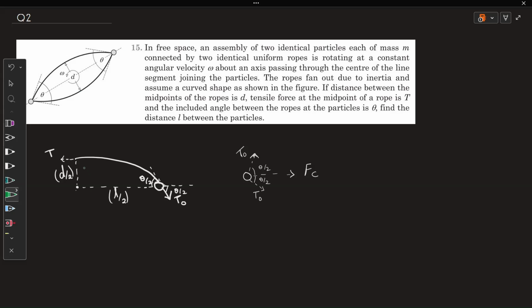Now let's calculate this. I'm just dividing it into a quarter. The tension at the midpoint is T and at the other point it is T naught by 2, which we have found. We have to find first what is T naught and theta. If you see, they have mentioned it's moving with a constant angular velocity. So the net torque is 0, right?